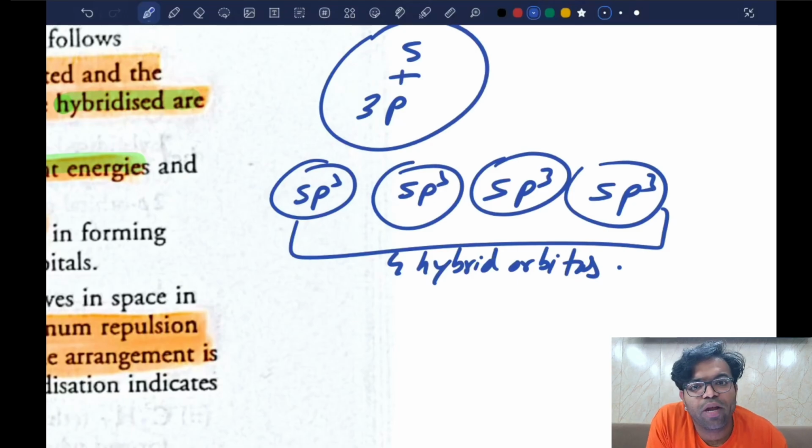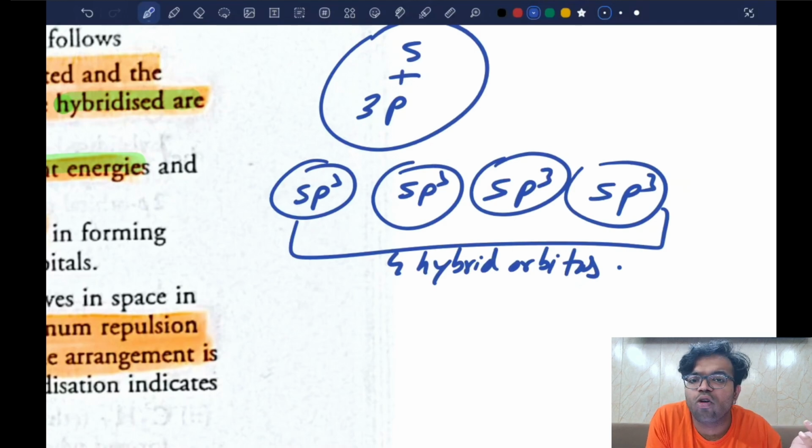Now, why is this important? Ideally speaking, in the VSEPR theory, you were bonding some of the atoms with the s orbital and some with the p orbital, due to which you were having some sort of asymmetry.